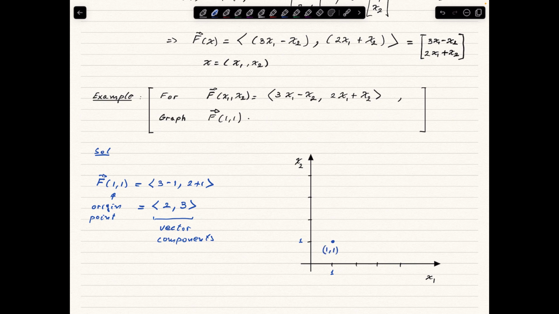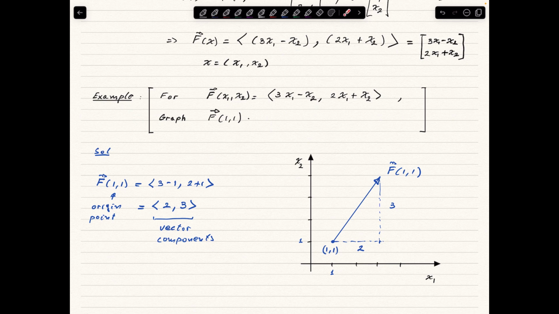Then we draw the vector with two components: 2 horizontal up to here, and 3 vertical up to here. This is the vector that we should be plotting. This is the vector f at the point (1, 1). So this is one point in the vector field.